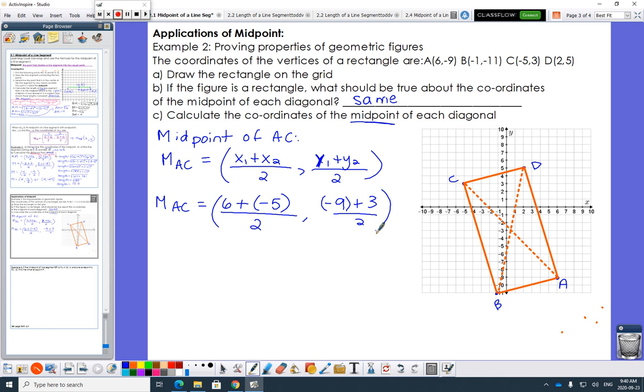Again, if x1, x2 always bugs you, then label it. Go up here, x1, y1 for A, and then alphabetically, C is next, so I'm going to call that x2, y2, okay? That can help.